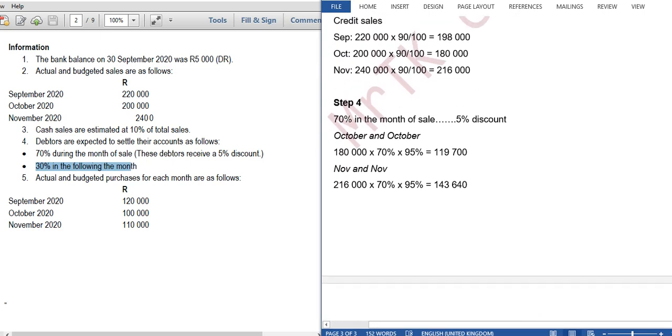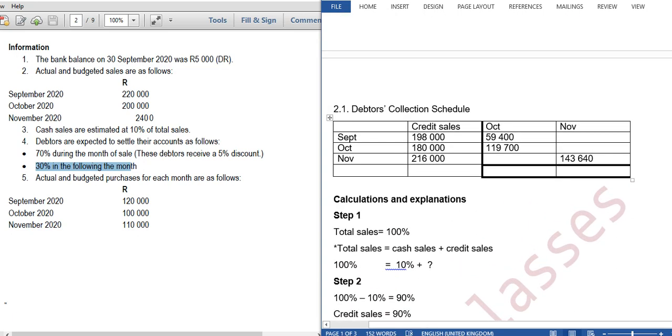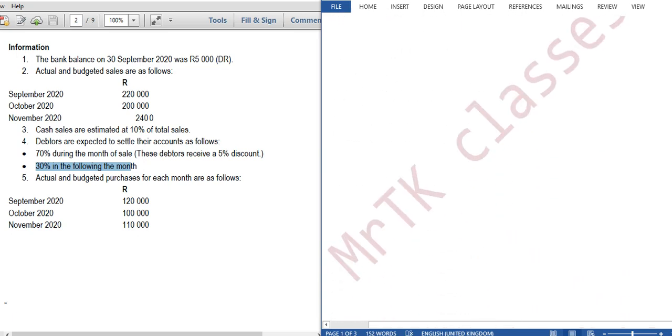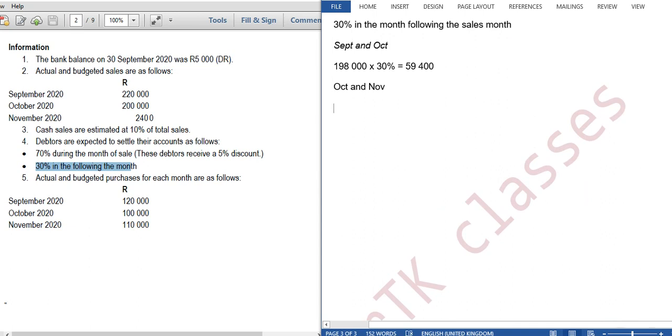What was our October credit sales? 180,000. So we are going to say 180,000 multiplied by 30%. What do we get?